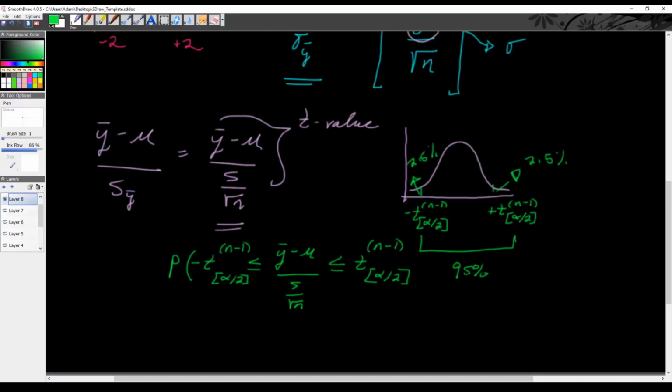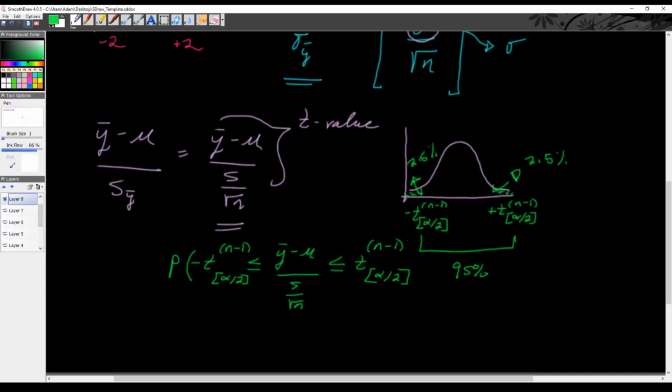So if I find these critical t-values by putting 2.5% in each tail of the t-distribution, I can say that some randomly chosen value of the mean lies within that interval 95% of the time.